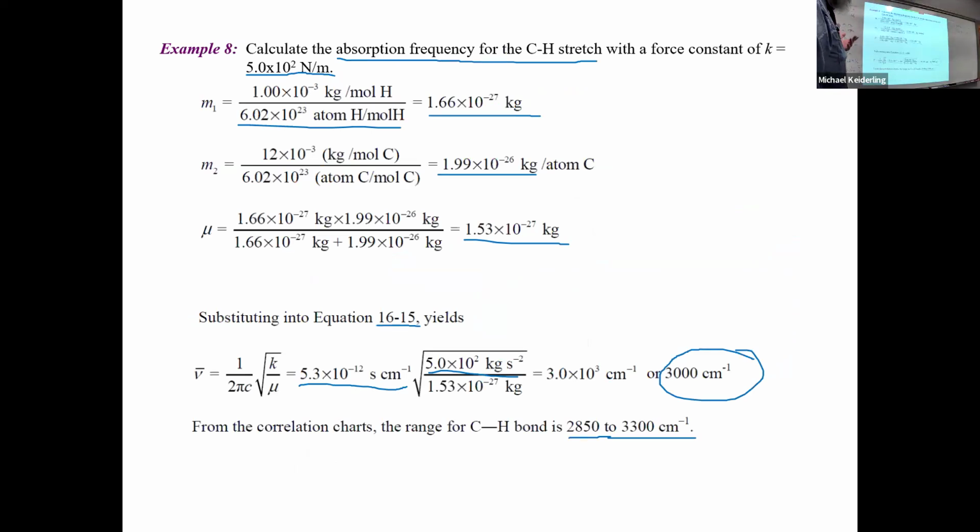So here is an example where we can calculate the absorption frequency for the CH stretch with a force constant K of 5 times 10 to the 2 Newtons per meter. So let's first calculate the mass of our hydrogen and the mass of our carbon.